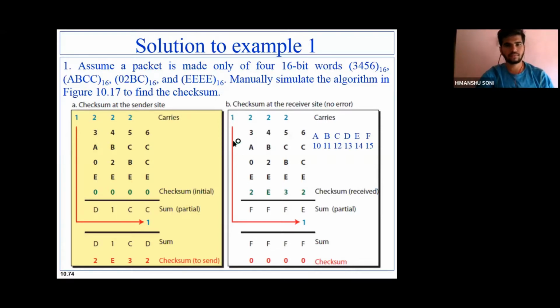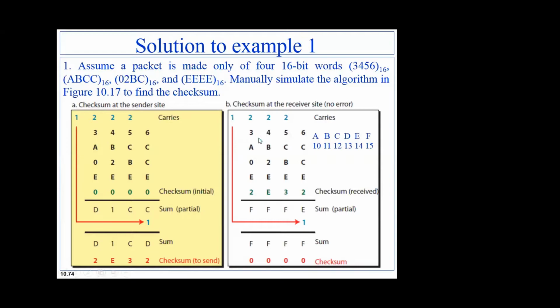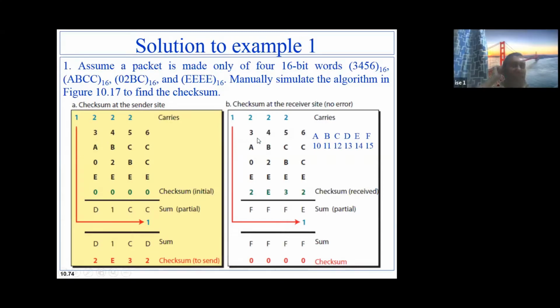Now at the receiving end, what I am doing is taking this number 3456 as it is, then ABCC as it is, then 02BC as it is, then 4 times E as it is, plus the checksum.